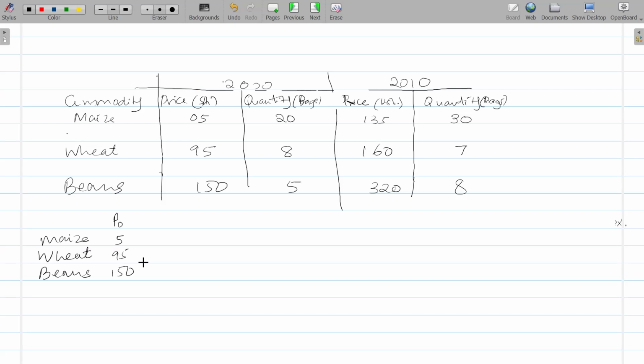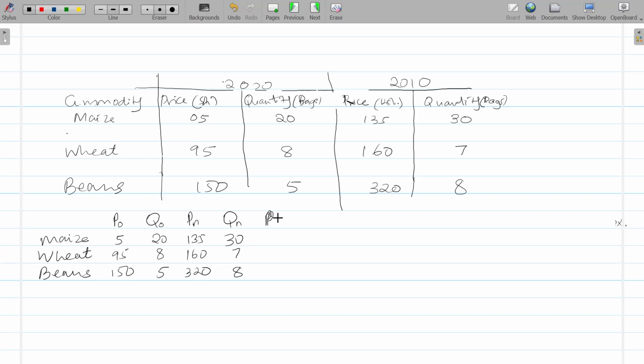Then the first thing we have to write down is the prices in the base year, which is P0, that is 5, 95, and 150. And then quantities in the base year, Q0, that is 20, 8, 5. And then prices in the year of analysis, Pn, 135, 160, 320, and then quantities in the year of analysis, Qn, 30, 7, and 8.